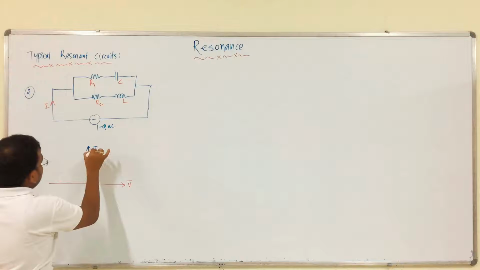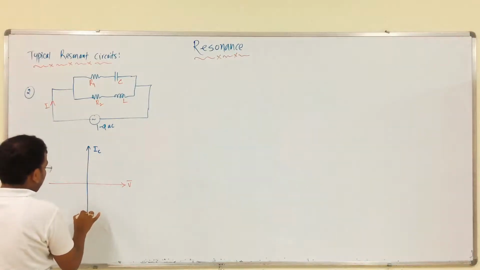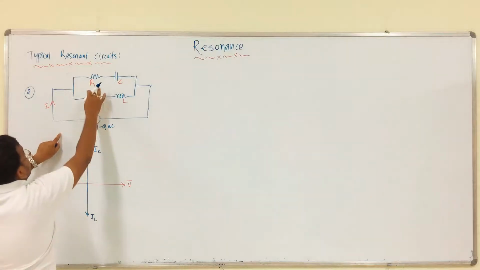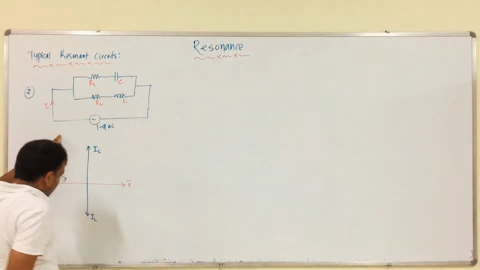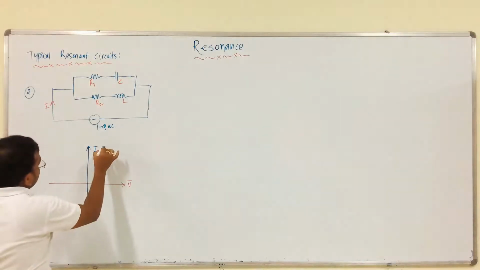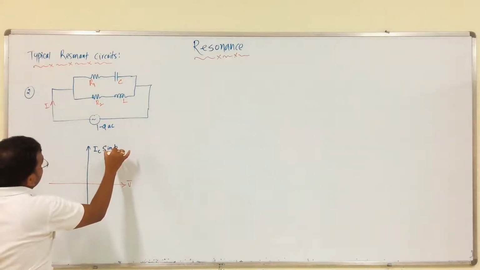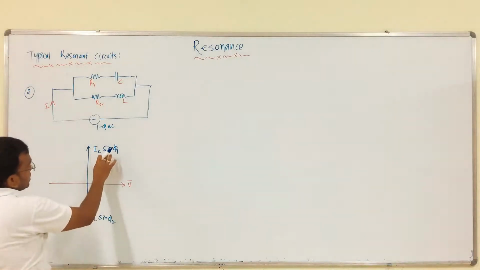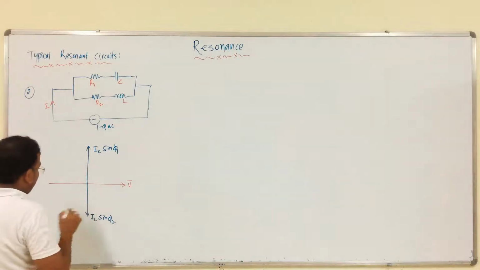we all know that this is IC, we all know that this is IL, but here we have what? A series combination of R and C, and a series combination of R2 and L. Therefore, this should be IC sin phi 1. Why are you considering sin phi 1? Why are you considering sin phi 2?